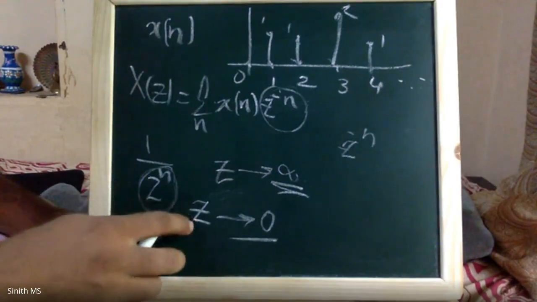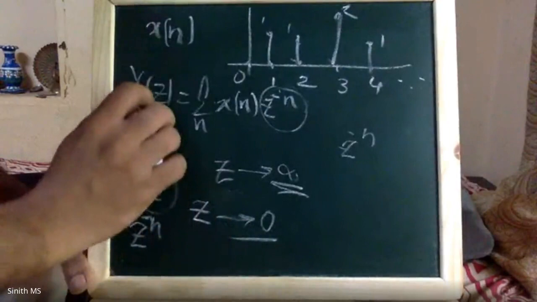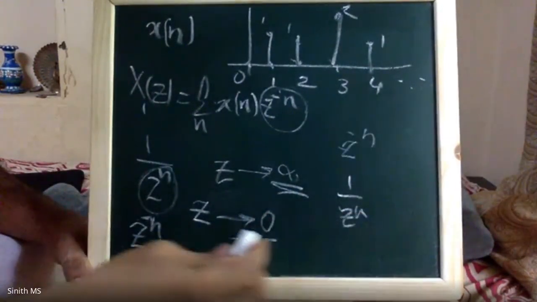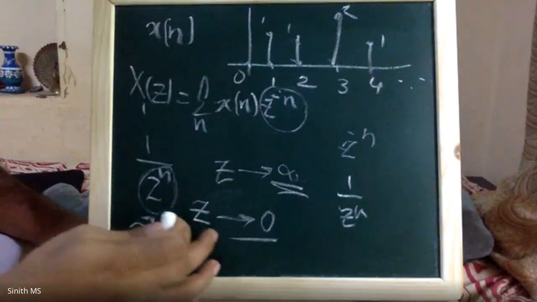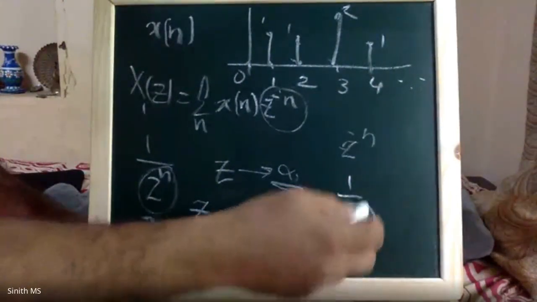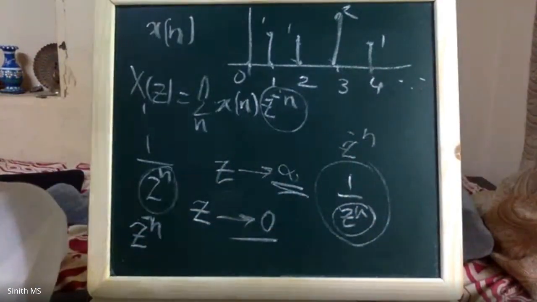You have 1 by z raised to n, and when z tends to a very small value, the denominator is very small and the whole thing tends to infinity, and hence this will not converge. So z equal to 0 will not be included in the region of convergence.